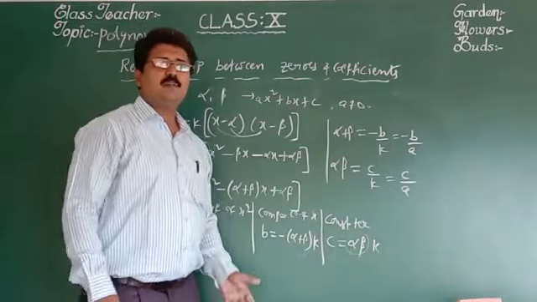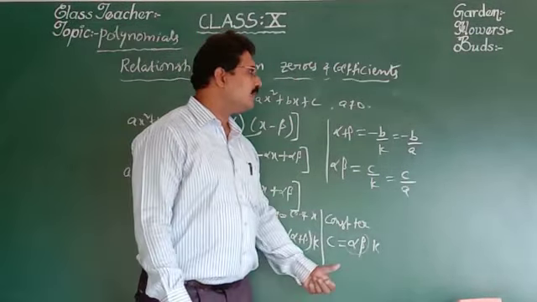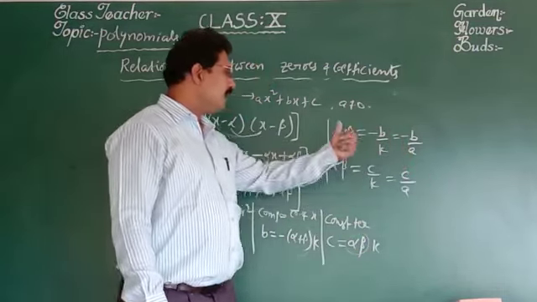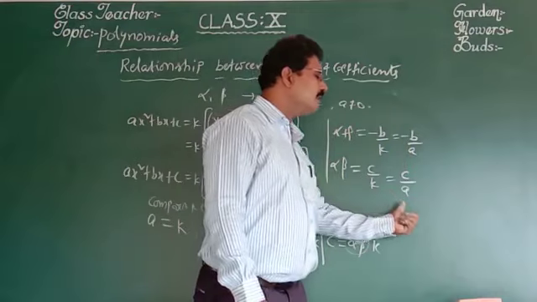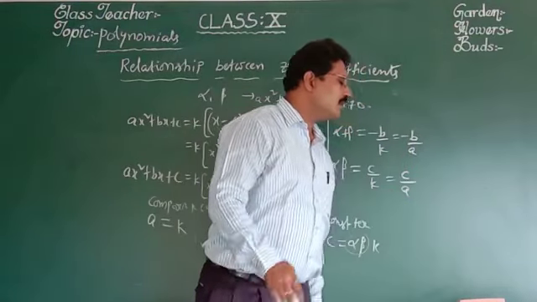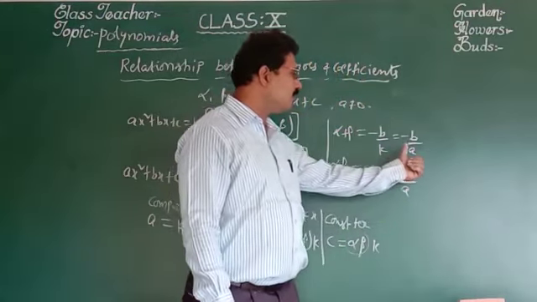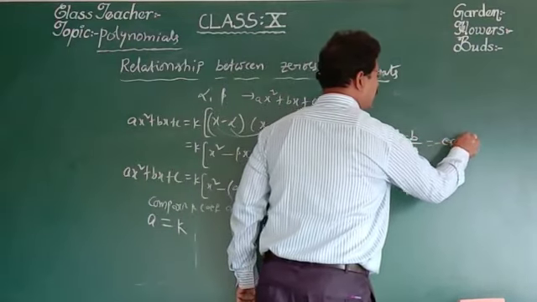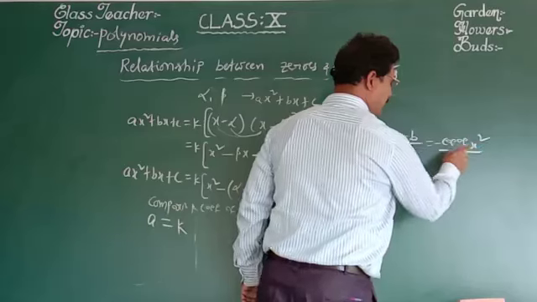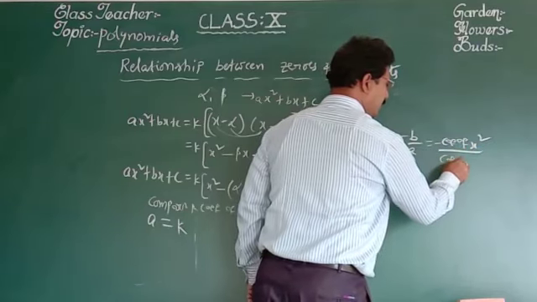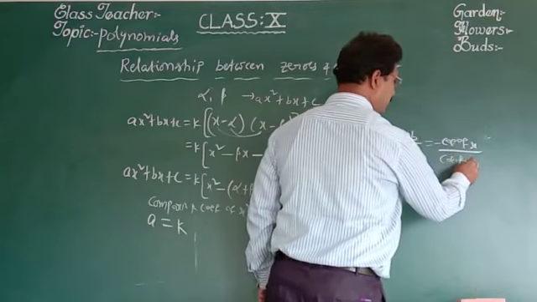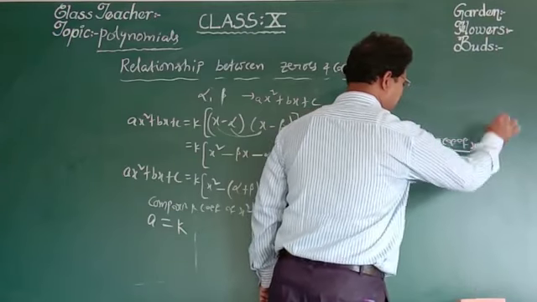Now, the relationship between zeros and coefficients, how to remember it? The sum of the zeros, alpha plus beta, is equal to minus b by a, and the product of the roots, alpha beta, is c by a. Sum of the zeros alpha plus beta is minus b by a, that means minus coefficient of x by coefficient of x square.